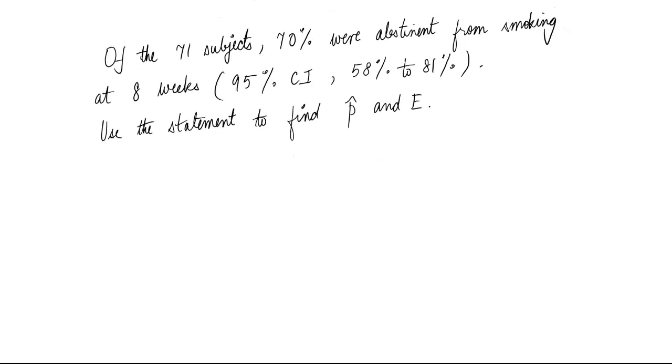All right, so now we have to use the information and build what we have. What we have, though, as given information is the interval is 58% to 81%. So let me write that out here. 58% to 81% implies that your P, the population proportion that you're really interested in, is between 0.58 and 0.81.